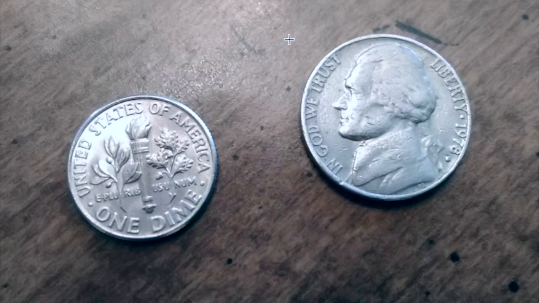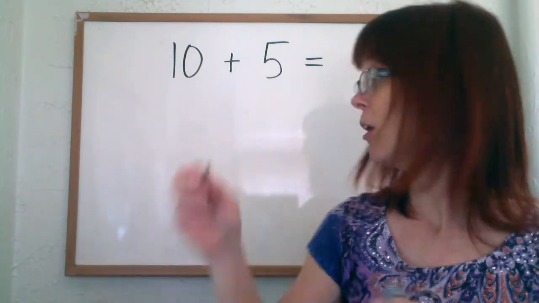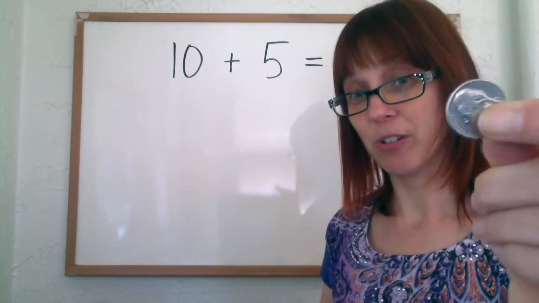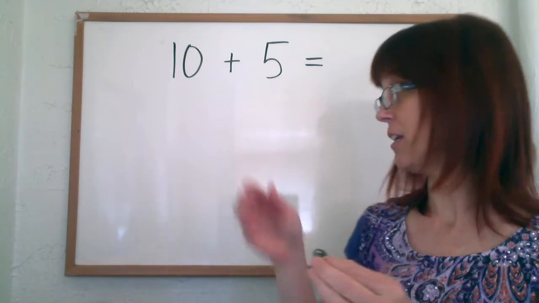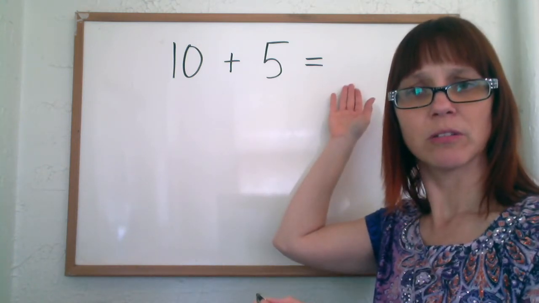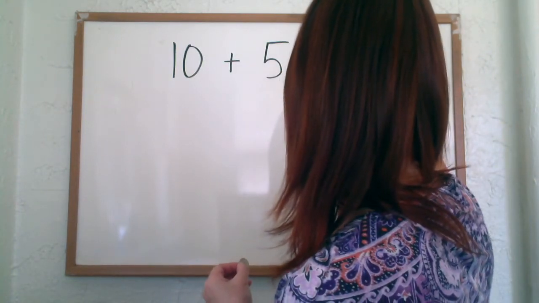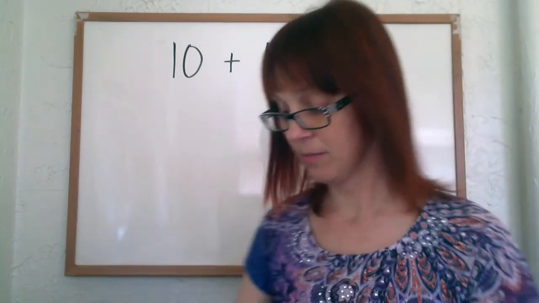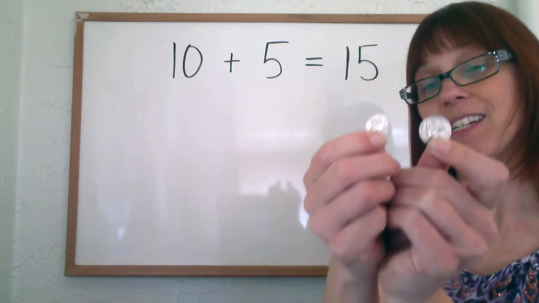This is 10 cents, 5 cents. 10 plus 5 is 15. 10, a dime, plus 5, a nickel. 10 plus 5 is what? 15. How much is this? 15 cents.